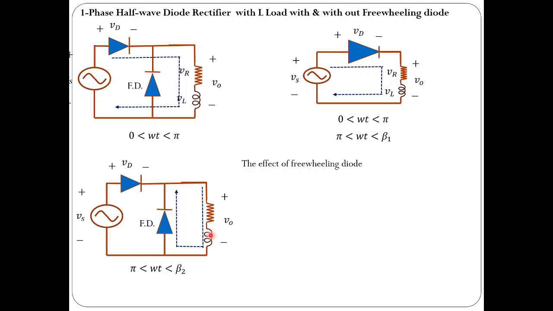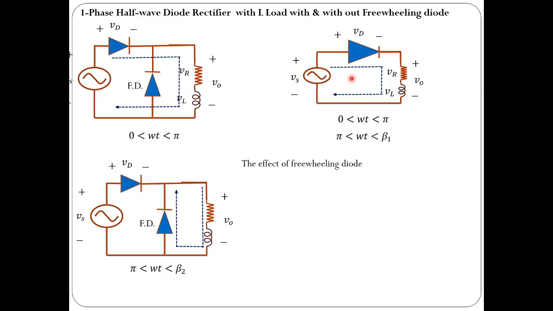In fact, the energy stored in the inductor is given back to the load itself, that is the load resistance. So more power is taken by the load. For the same input volt amperes, the power taken by the load is more in the case of the freewheeling diode when compared to the rectifier without the freewheeling diode.